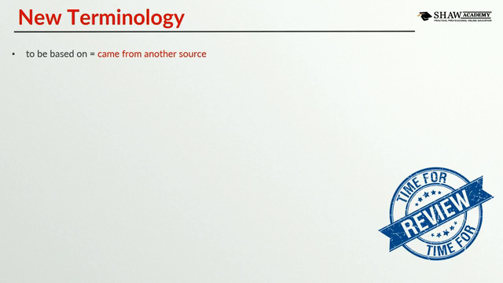So, for example, the Harry Potter movies are based on the Harry Potter books. They came from another source. They came from the books. Feedback collected means advice or suggestions gathered together.